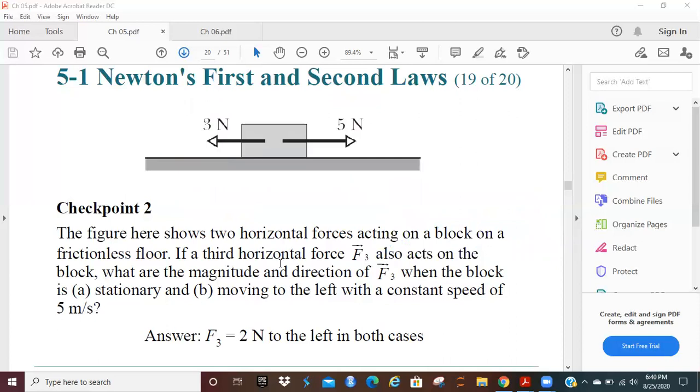So now, part B is asking what are the direction and magnitude of force 3 when the block is moving to the left with a constant speed of 5 meters per second.